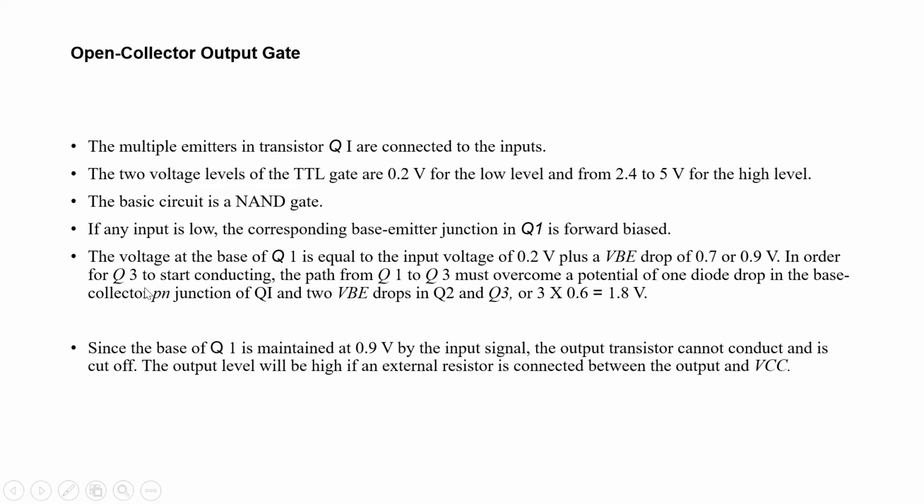In order for transistor Q3 to start conducting, the path from Q1 to Q3 must overcome the potential of one diode drop in the base-collector junction of transistor Q1 and two VBE drops. That is the VBE drop of Q2 and the VBE drop of Q3. So 3 into 0.6, it will be 1.8.